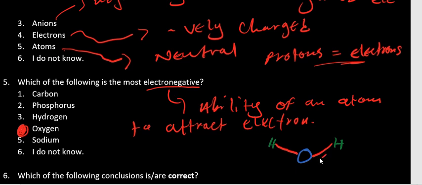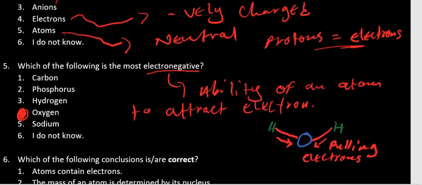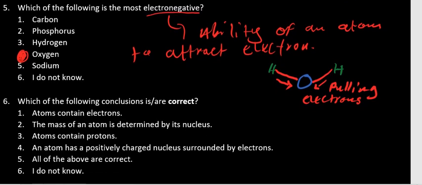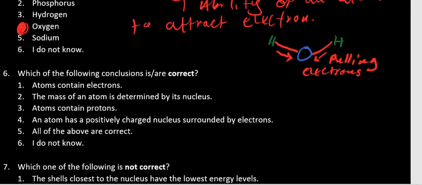So it's just the tendency of an atom to pull electrons toward it when they are sharing electrons. So in this bond, oxygen is pulling electrons toward it. It's more selfish, okay. So oxygen there is just pulling electrons, okay.